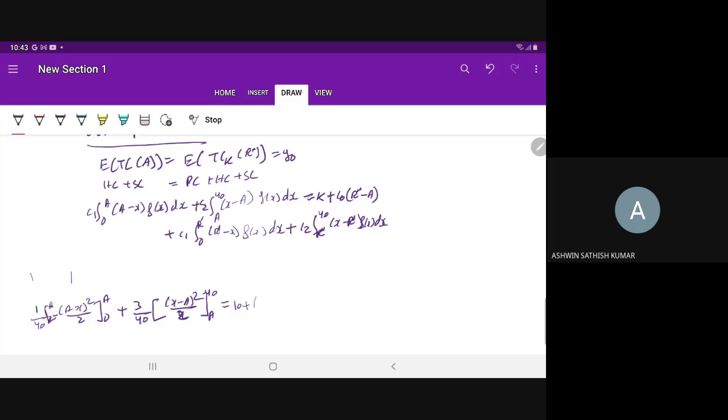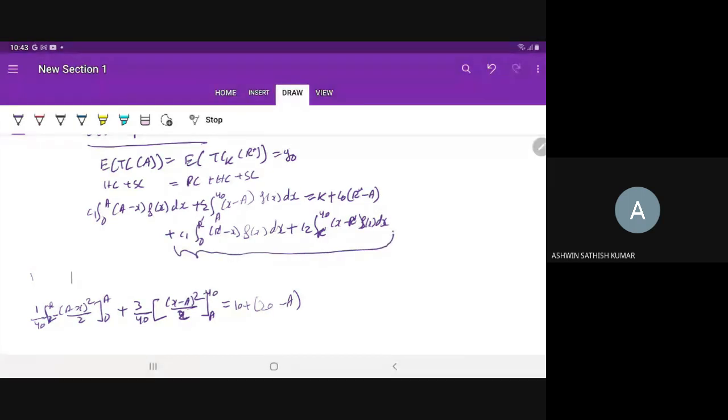So R star is given to you as 20, minus A, plus what is the value of this one, C1 integral 0 to R star of (R star minus X) fx dx plus C2 integral R star to 40 of (X minus R star) fx dx.